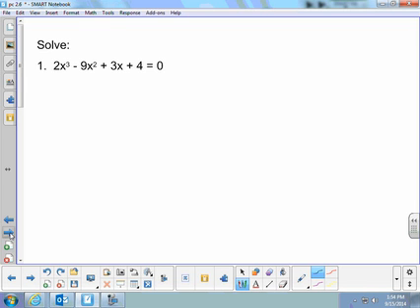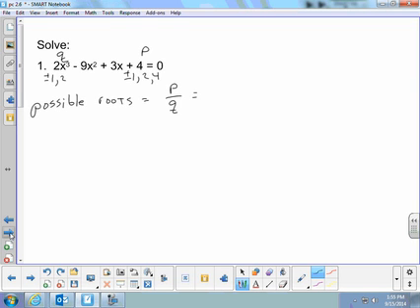Well, I do. My factors of 2 are 1 and 2. My factors for 4 are 1, 2, and 4. This is my P. This is my Q. And I know my possible roots are P over Q. I probably should have put some pluses and minuses in front of all of those.